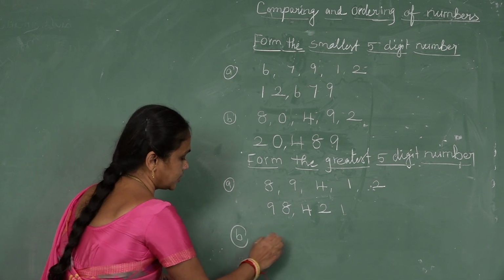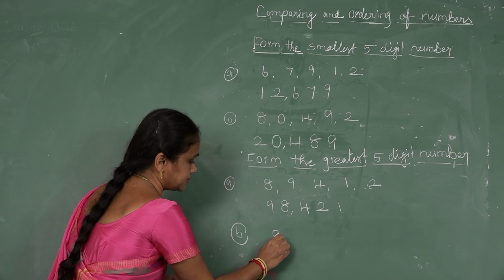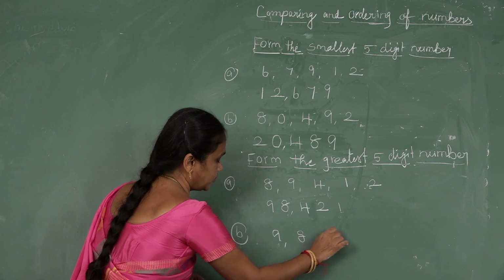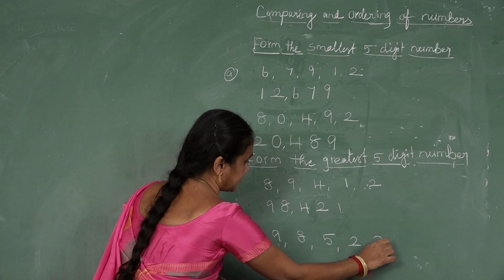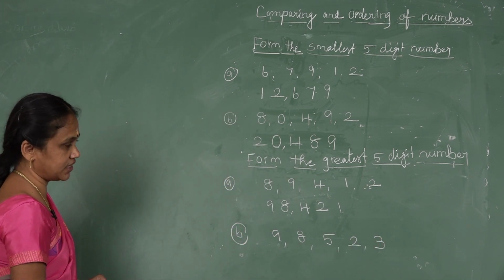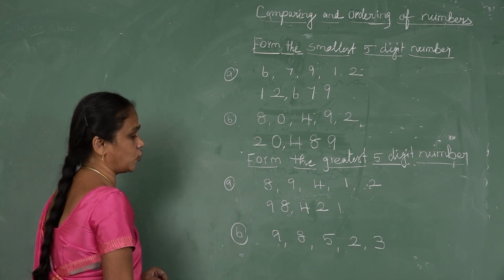Next example. Now we have the digits 9, 8, 5, 2, 3. To form the greatest 5-digit number, you arrange these digits in descending order.